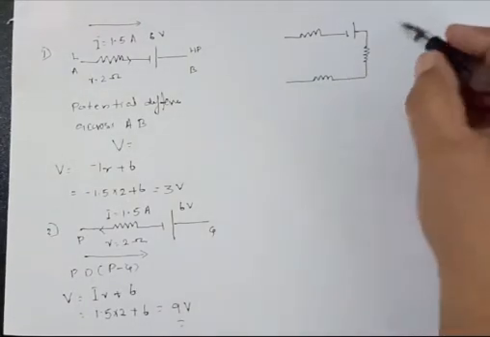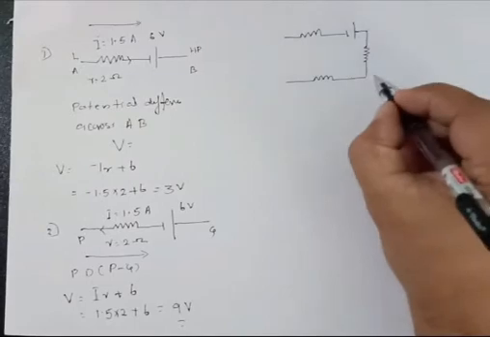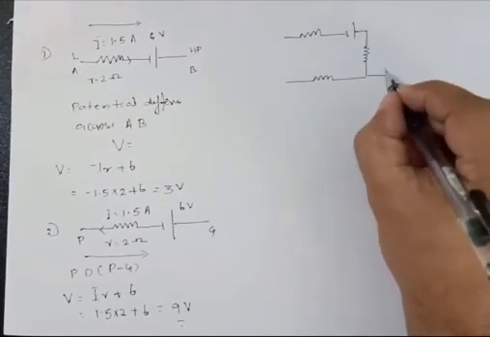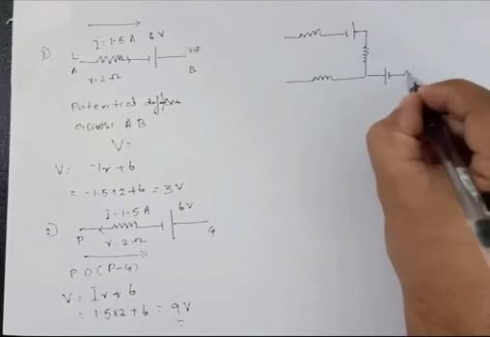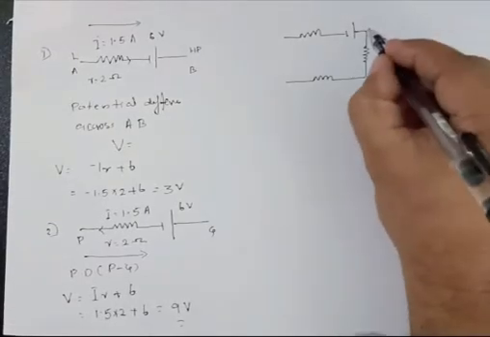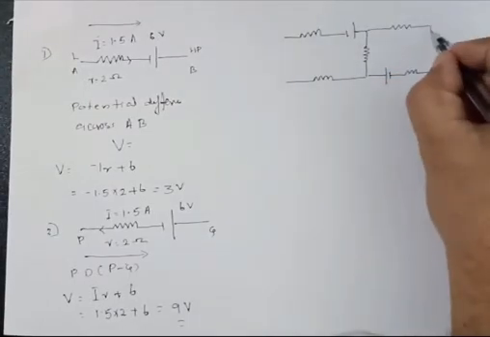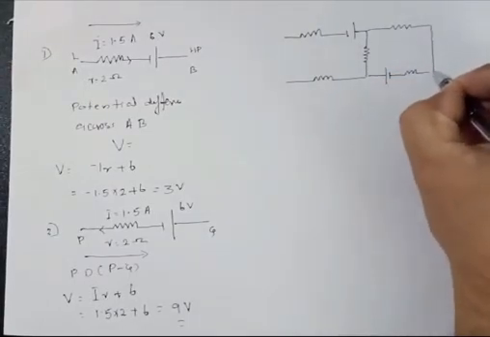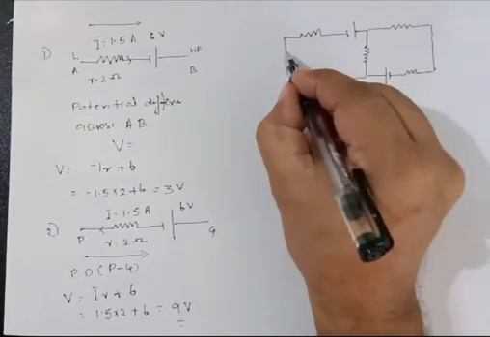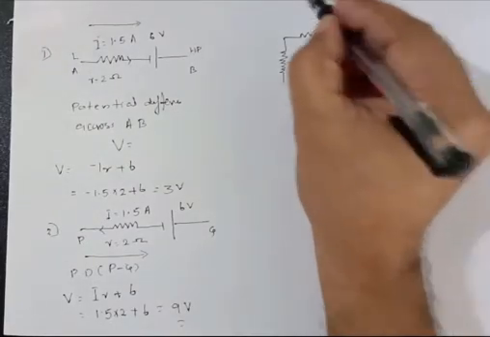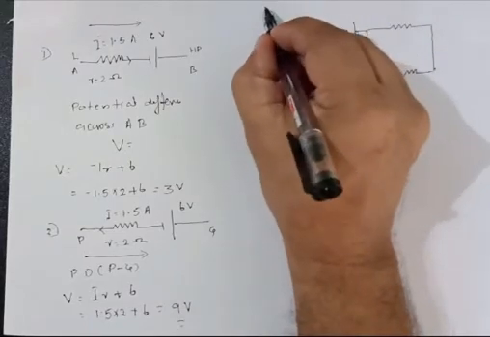Let's have one cell here, and another resistance here. We can have a resistance here. Connect them together here. Here we will have a resistance. This is just a random circuit I have drawn. Put it as question number 3.